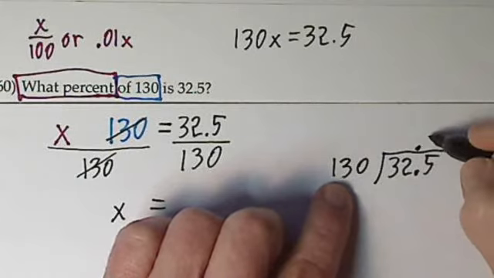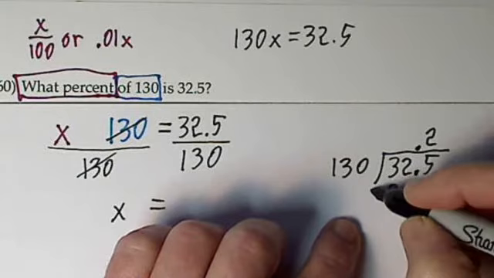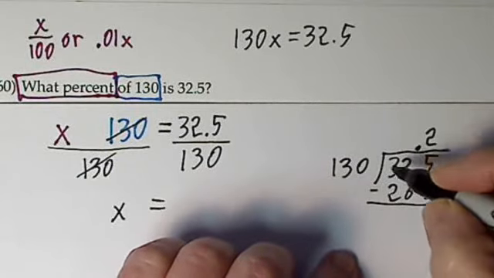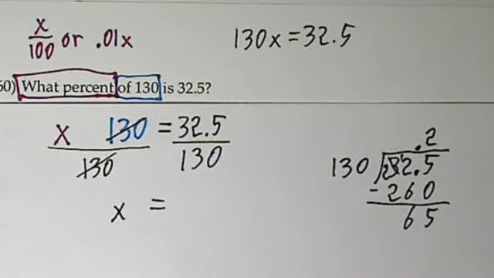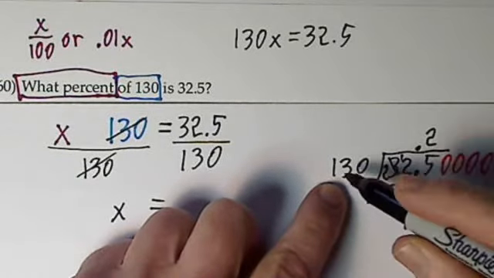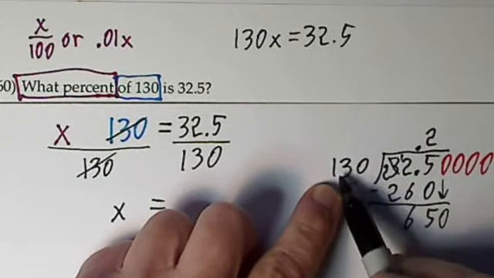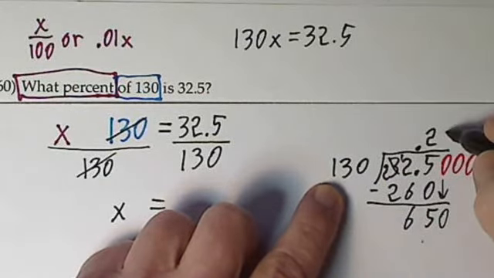That'll go in at least twice. So there's 260. 65 left over, and of course you can add all the zeros you like here. I didn't change the value of 32.5. I just stuck a bunch of zeros on the end. So into 650, 5 times would be 500, and then 5 times 50 would be 150, so that would be 650.